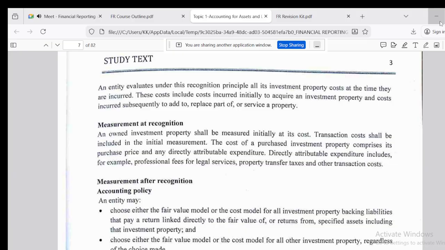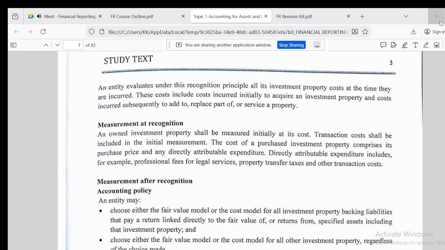Now, can I ask you something here? Yes, ask me. When we said that on measurement at recognition, an owned investment property shall be measured initially at its cost, and then you said again that transaction cost shall be included in the initial measurement. Up to there, let me ask something.